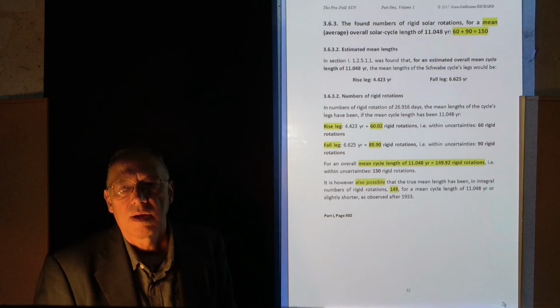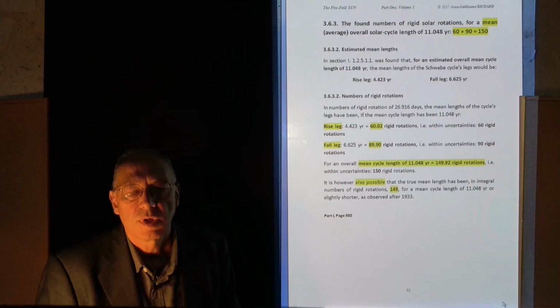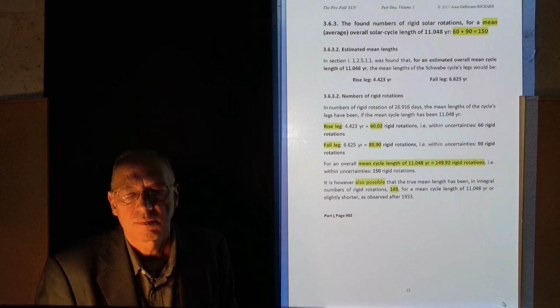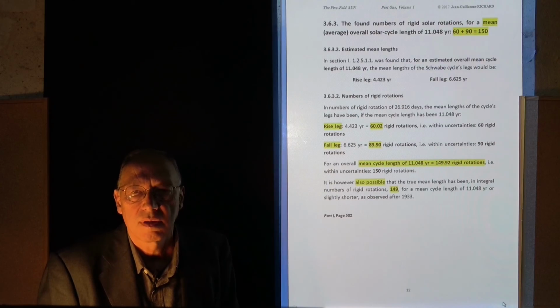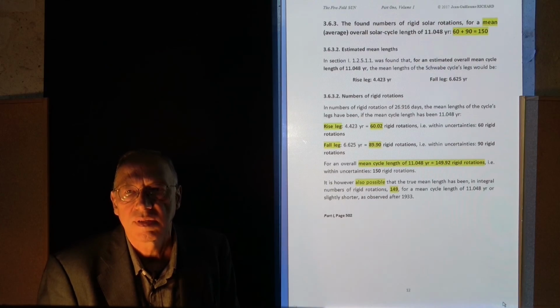However, whatever the actual accurate, precise values are, we see that they are challenging us in terms of what might be the underlying physics of such relations between rise lengths and fall lengths.